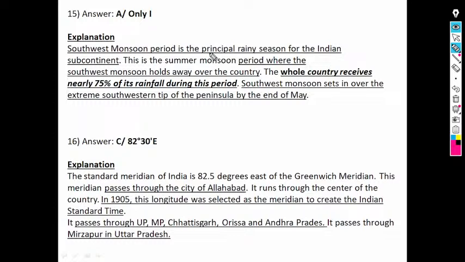Southwest monsoon period is the principal rainy season for the Indian subcontinent. This is the summer monsoon period where the southwest monsoon holds sway over the country. The whole country receives nearly 75% of its rainfall during this period.